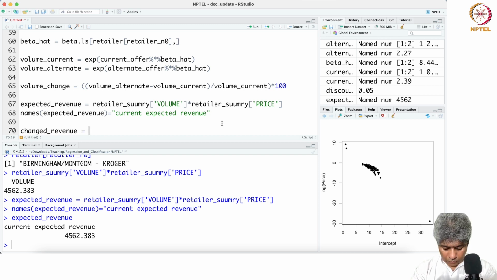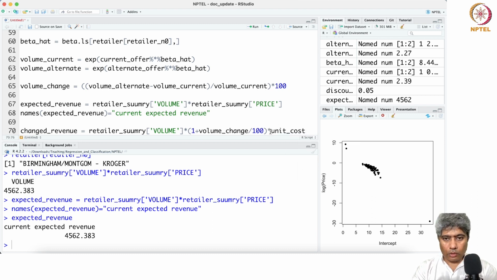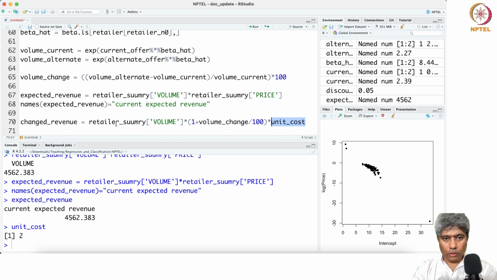The change revenue will be, first we have to take this times 1 plus whatever the volume change divided by 100 times unit cost, right?